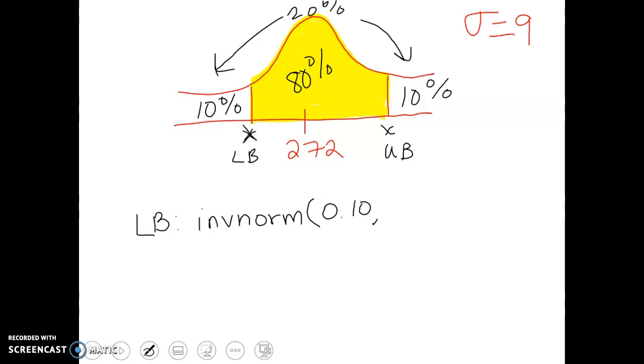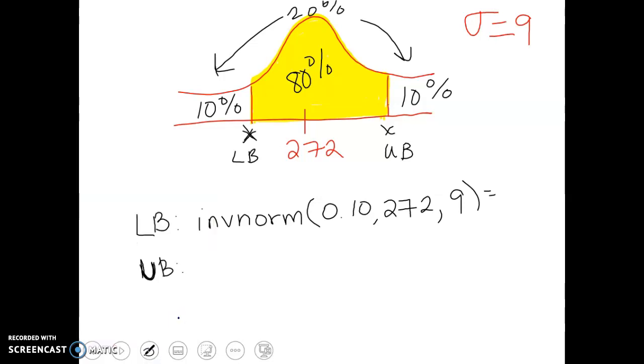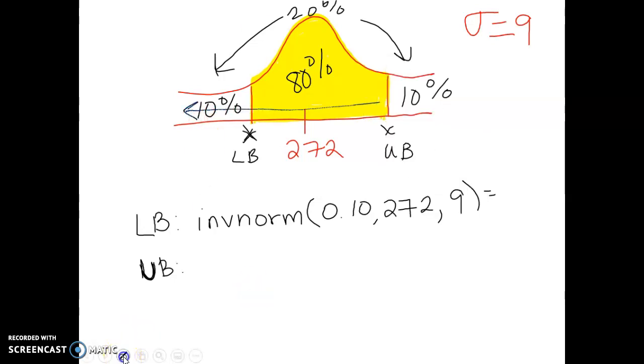So the area to the left is 0.10, the mean is 272, and the standard deviation is 9. Alright, and we'll get the calculator in a moment and figure out how many days that is. The upper boundary, so for this one, I need this entire area from the upper boundary all the way over here.